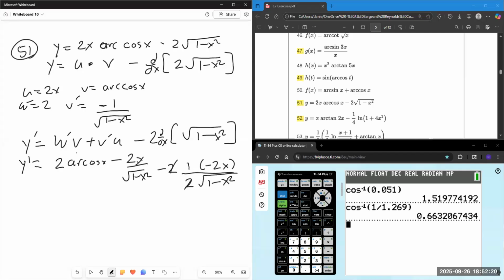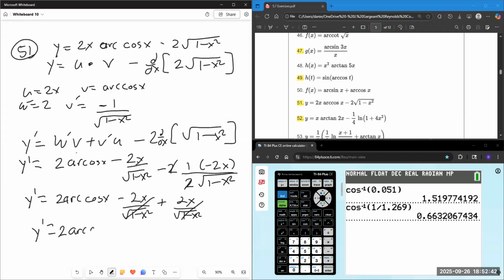So y prime is 2 arc cosine of x minus 2x over root 1 minus x squared. Negative negative is positive 2x over root 1 minus x squared. Those pieces zero out, and y prime is 2 arc cosine of x.